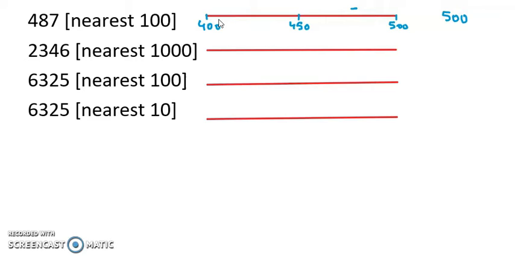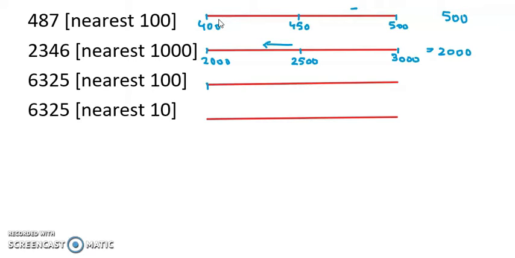Second example, 2346 to the nearest 1000. This means I will be taking 2000 and 3000. My halfway will be 2500. This number 2346 is lesser than this halfway, so it will be rounded down, and that will be 2000.